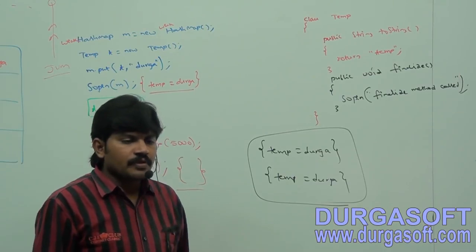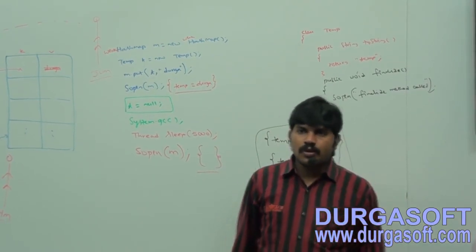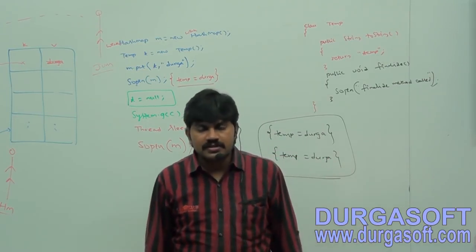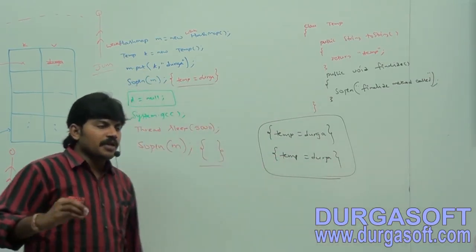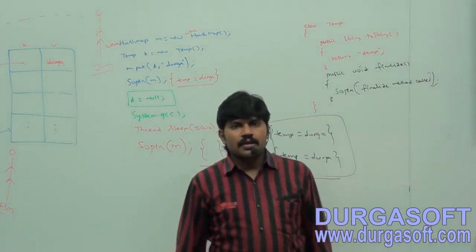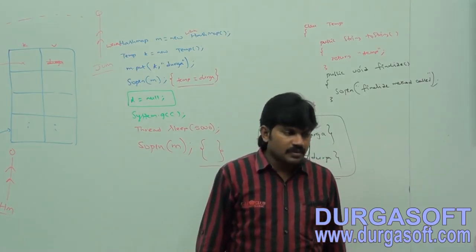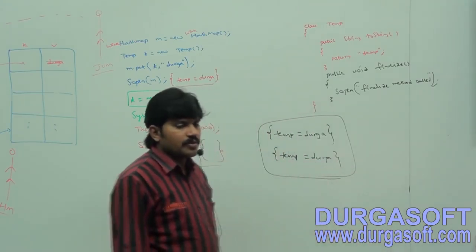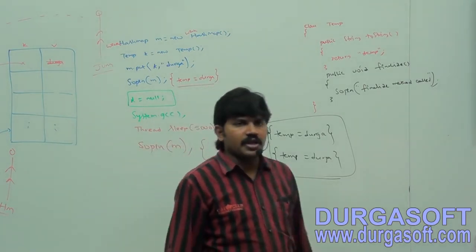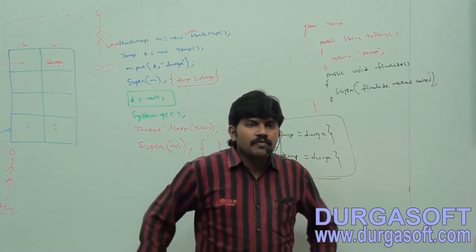Okay, next para. In the above program, if we replace hash map with the weak hash map, then just observe, is the temp object eligible for GC or not?